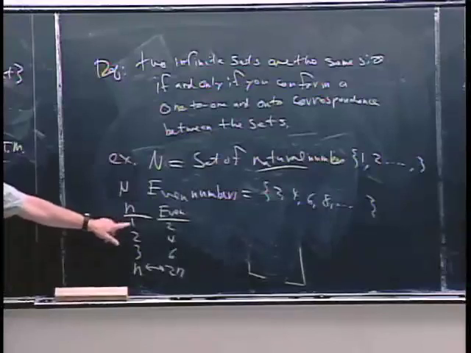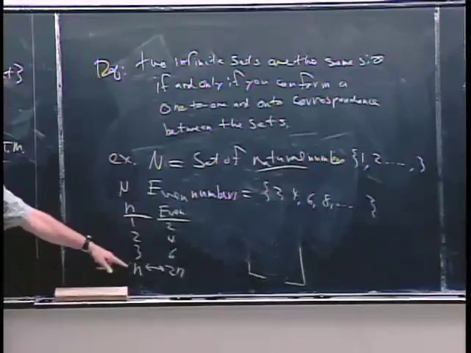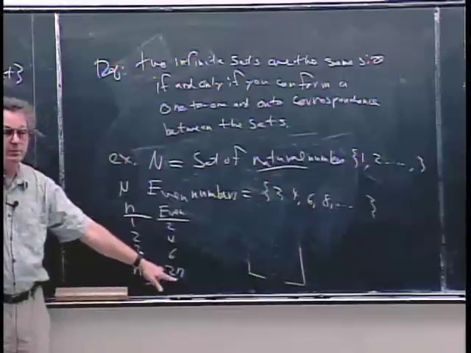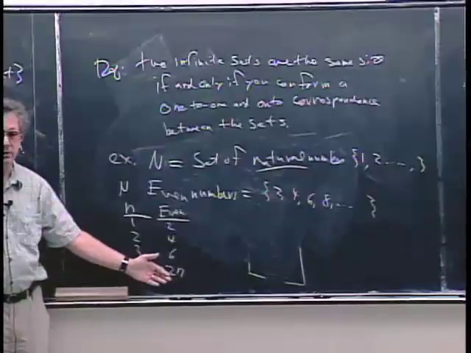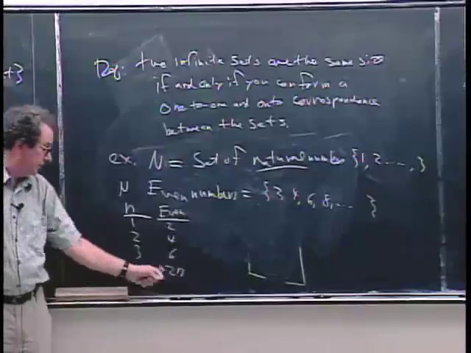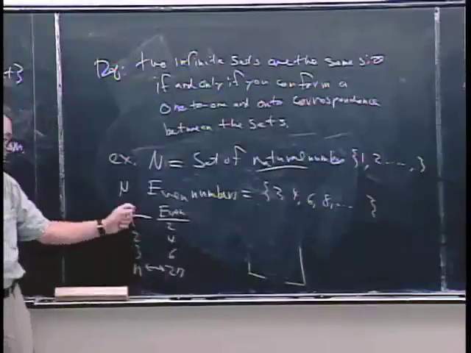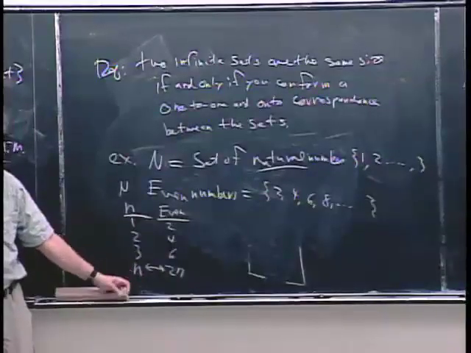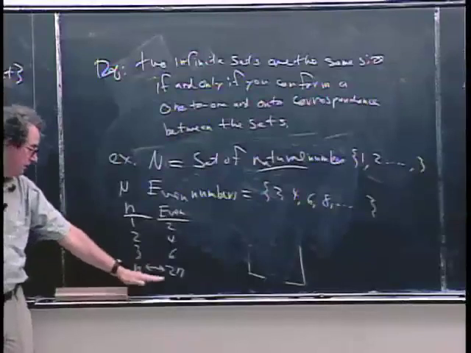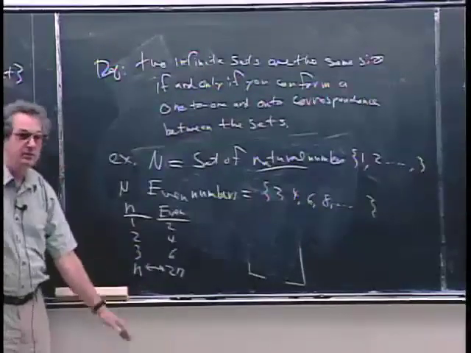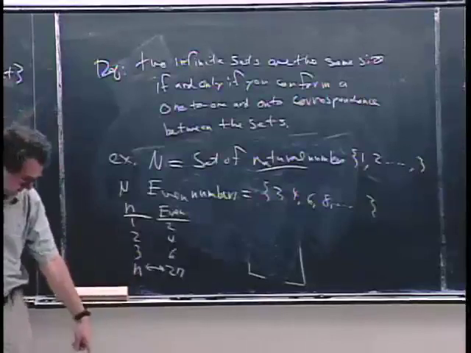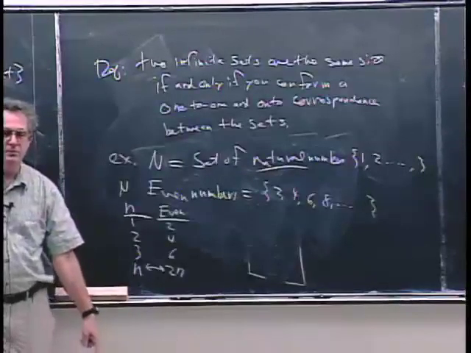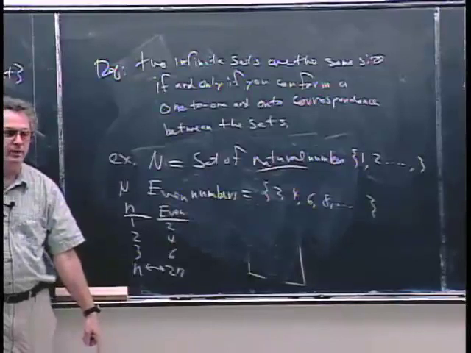Every natural number corresponds to some even number, and not to two even numbers, just to one. Every even number corresponds to exactly one natural number. And even though this goes forever, down to the bottom of the Earth and beyond, I'm not sure where we get to in outer space.